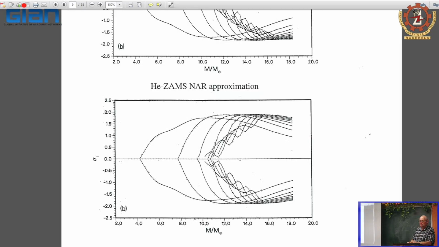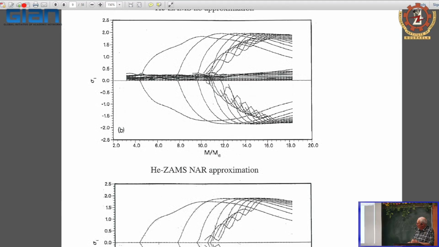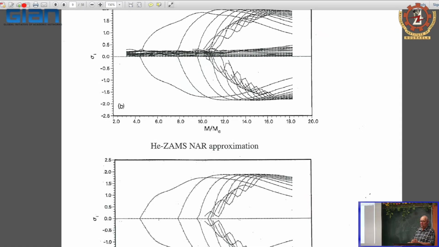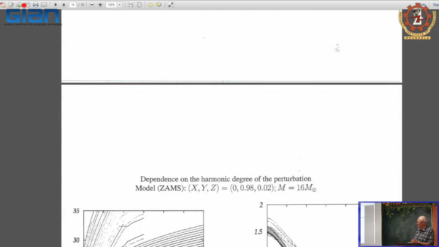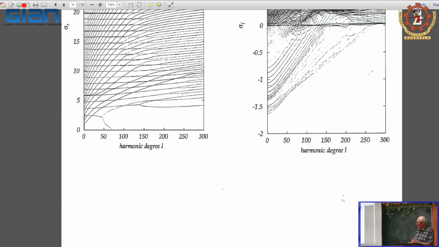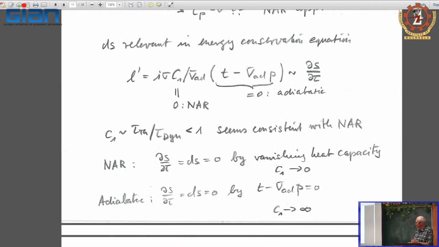So this approximation, even if it sounds a little bit strange, putting the heat capacity equal to 0, provides, concerning the stability analysis, even in the quantitative sense, a very good approximation. So it doesn't seem to be that bad to adopt this approximation.